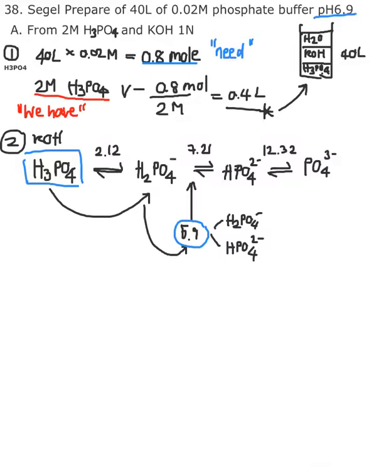So you can see that we have two steps here. At step 1, you have to change H3PO4 to H2PO4 minus. And at step 2, you have to partially change H2PO4 minus further to HPO4 2 minus.